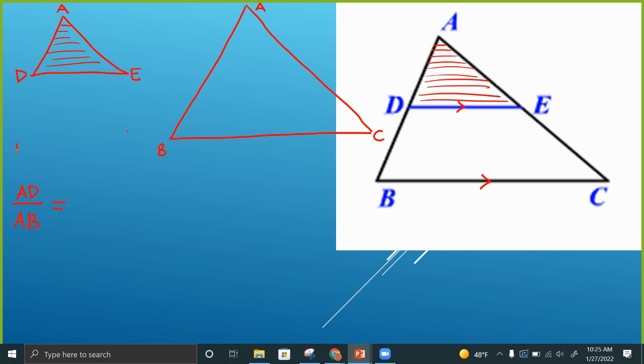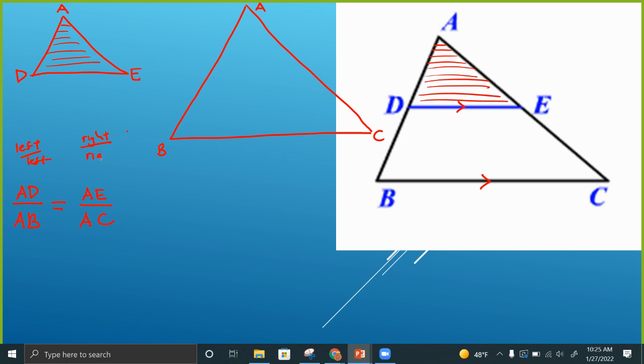So that's left over left here. And let's try right over right. So then that would be equal to AE over AC. That's doing left, left, right, right.